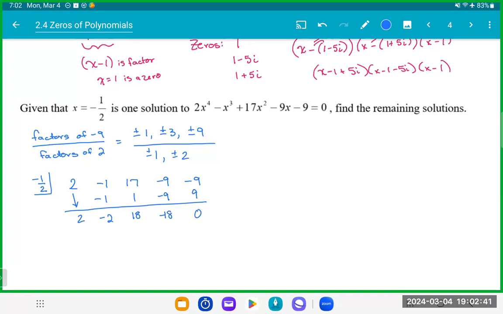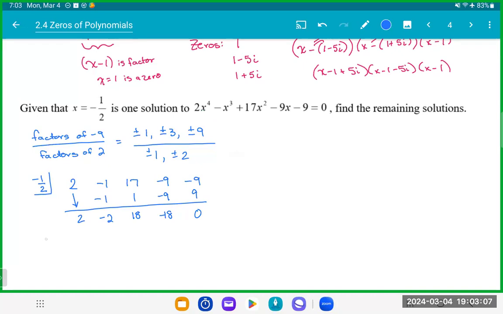And you can see that that gives us a remainder of 0, which we expect, right? Because the problem told us it was going to be a 0. So now when we want to move on to the next step, we want to pick some combination that we know is also a 0.